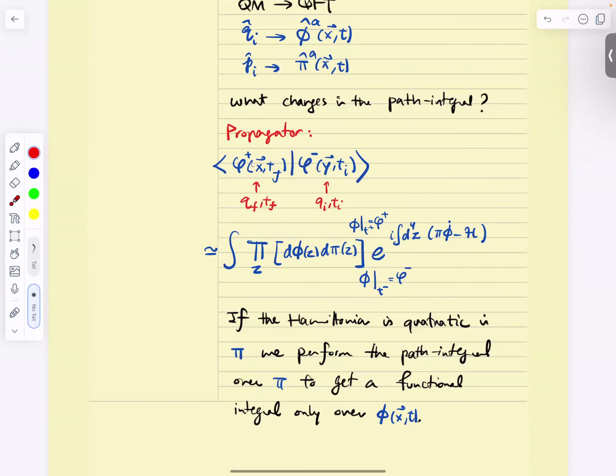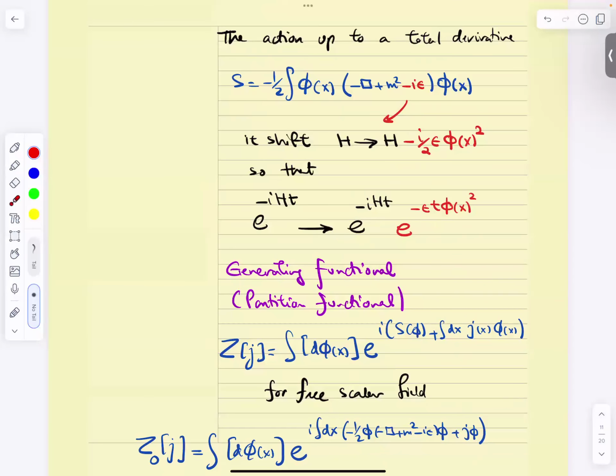So we're going to do the calculation. The action, up to a total derivative, is this. I've already included the i epsilon here. That's the Feynman prescription. When you write down the action this way, is it clear that this is a free action? I've just done integration by parts, right?